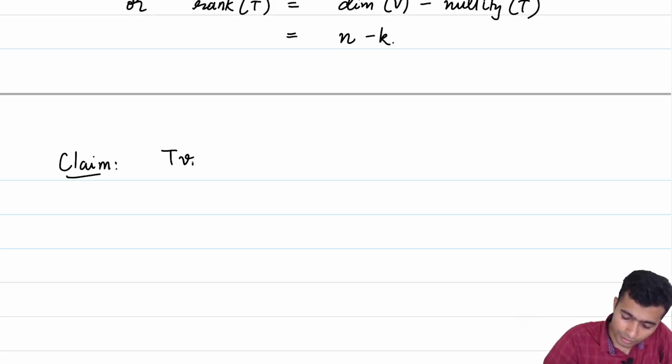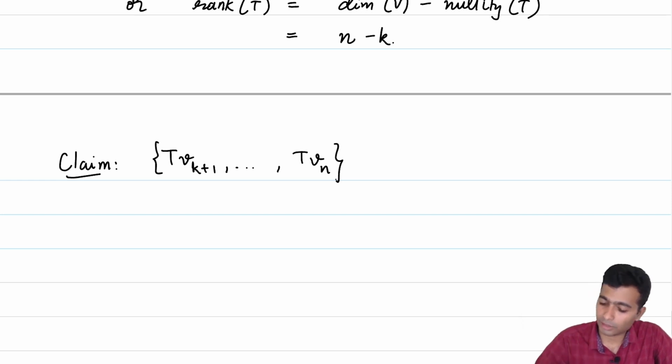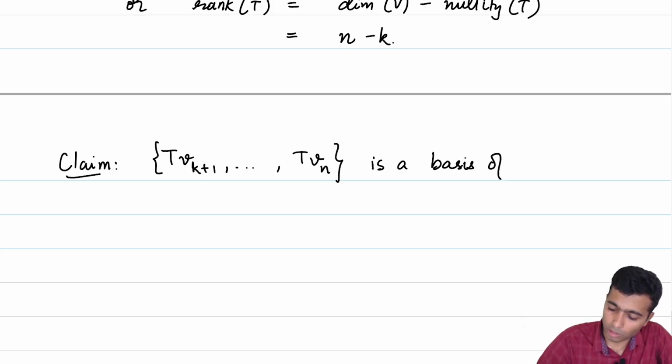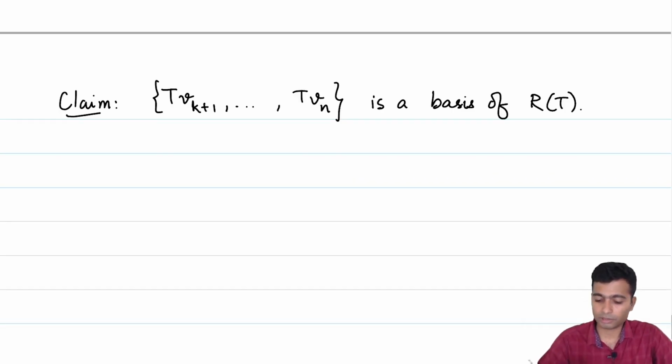T of vk plus 1 up to T of vn, those vectors which we added to the basis of the null space to obtain a basis of V, we look at the image of that. This is a basis of the range of T, which I'll write as R of T. We already then have our result because this set has size exactly equal to n minus k.